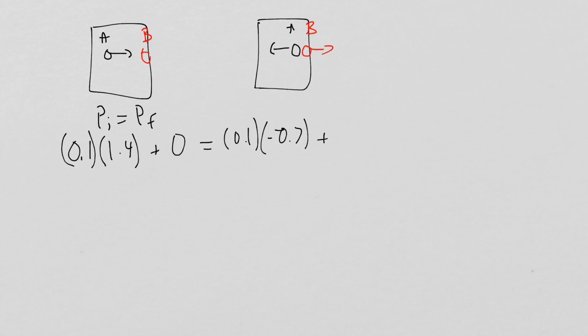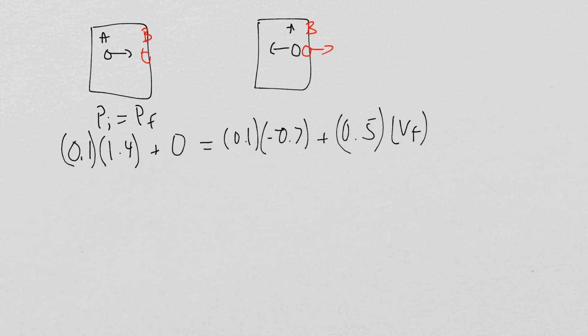Then we need the momentum of B after the collision. We know its mass, and we want to find its velocity. And that's our unknown. And so now we have an equation that has one unknown and we can solve.